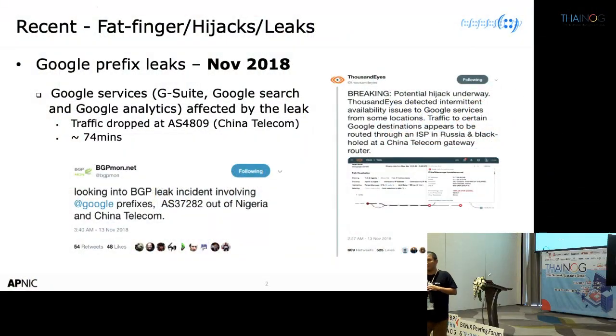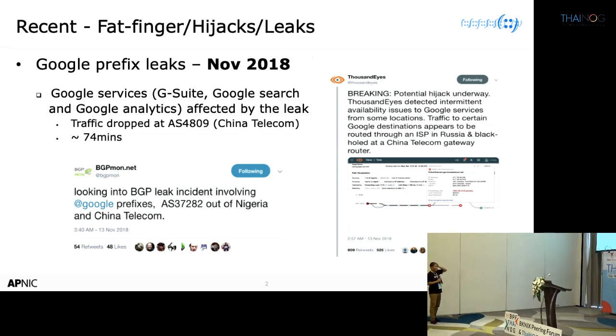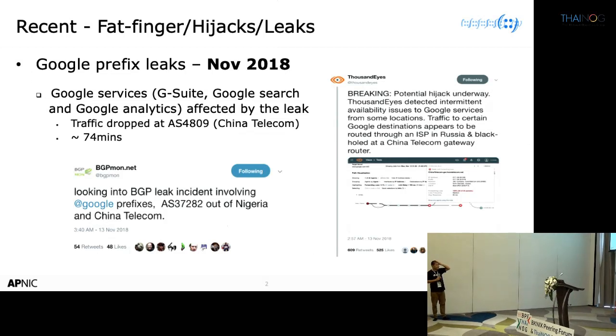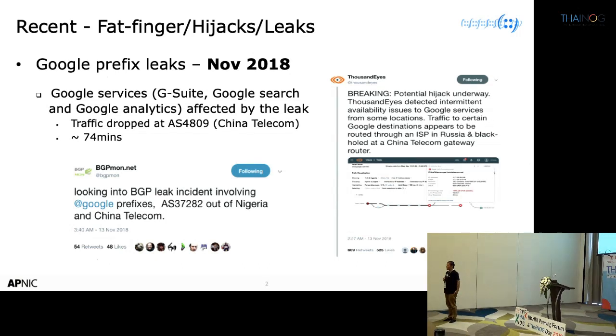Why even do it in the first place? Some recent incidents. I had one more, but I couldn't get enough time to find out why that happened, so I left it out. But this is from the end of last year. I spoke about it yesterday also, where a leak happened somewhere in some part of the world and then ended up impacting globally.